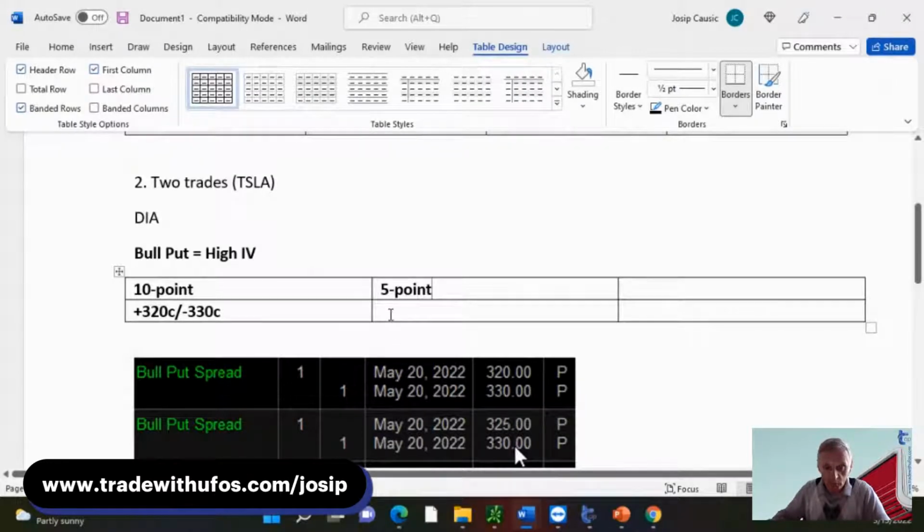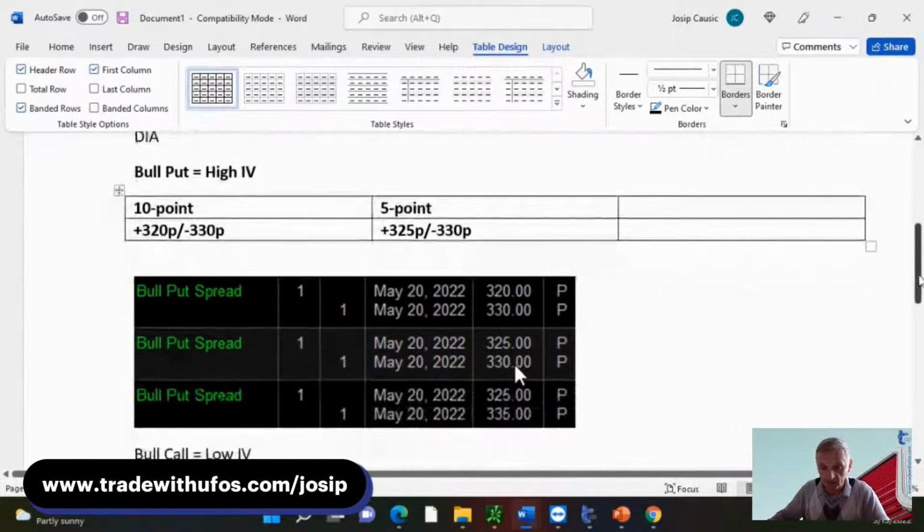This 5-point wide still has a buying, but it's buying of the 325 and selling the very same one, 330. Oh, I'm sorry, it's the other way around. These are all puts. I don't know why I'm using the word call when I'm talking about the puts. This is a put. This is a put. My bad. It says right there bull put. I just misspoke. Sorry about that.